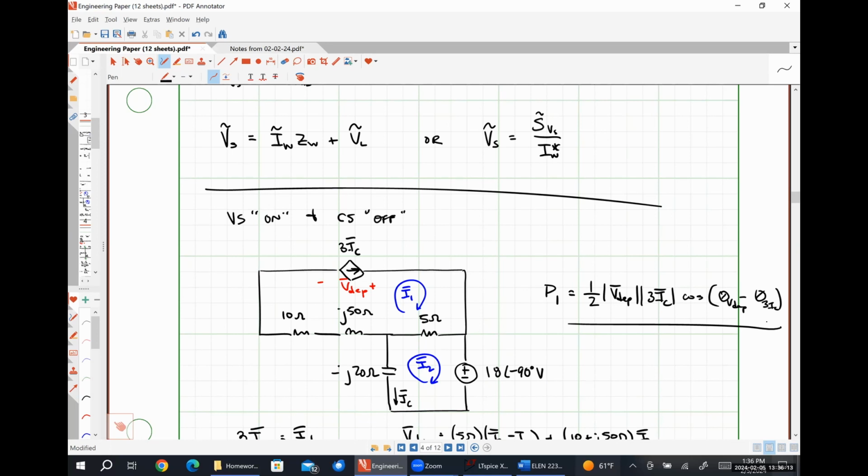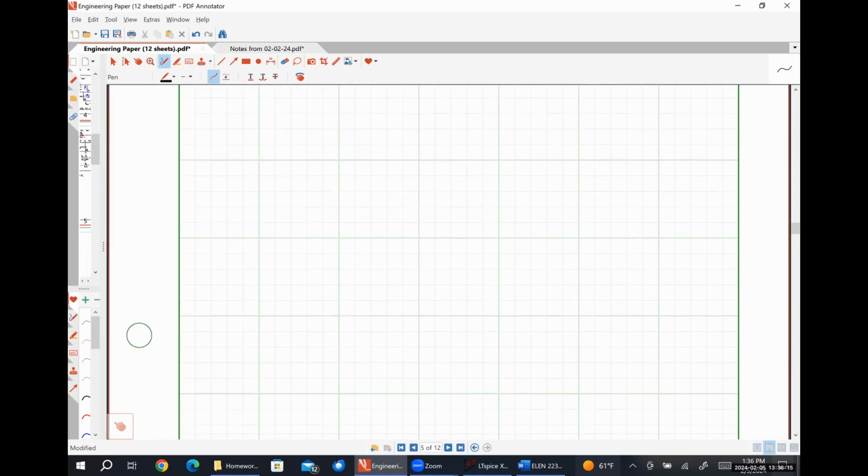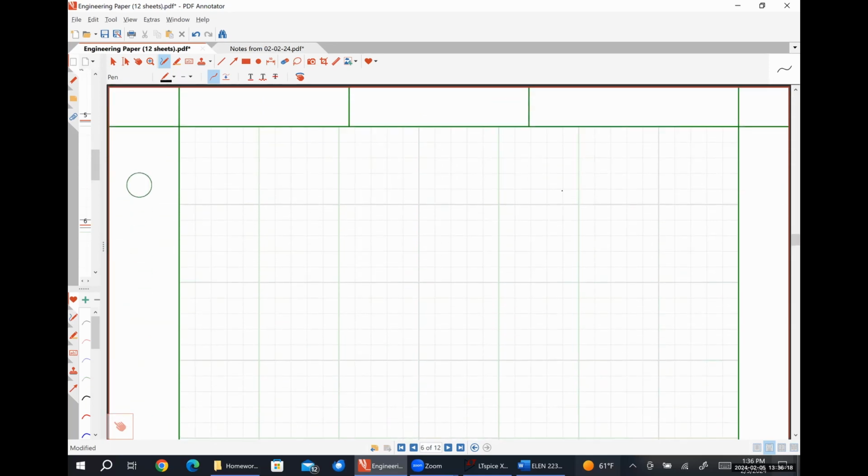It can still work. So let me do this just really quickly. I have a voltage V of t that is, let's call it V1 cosine omega 1t plus theta V1 plus V2 cosine omega 2t plus theta V2.